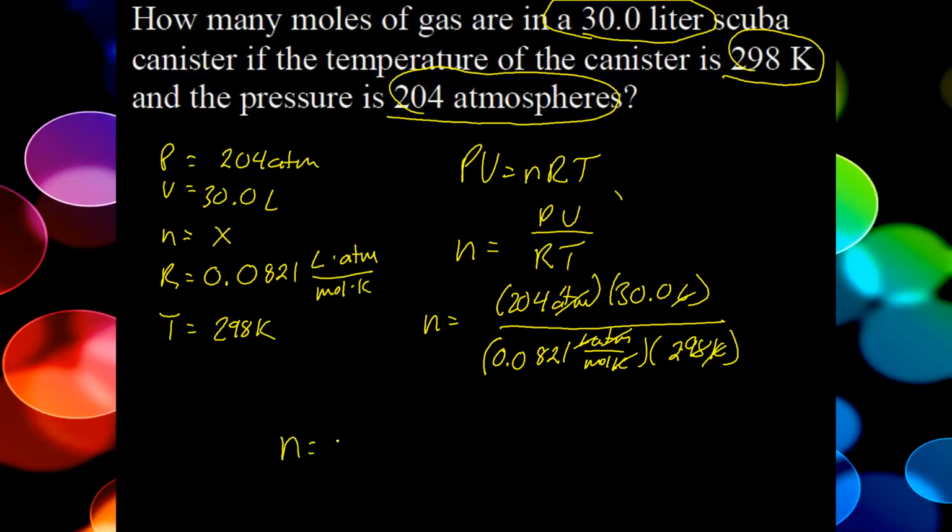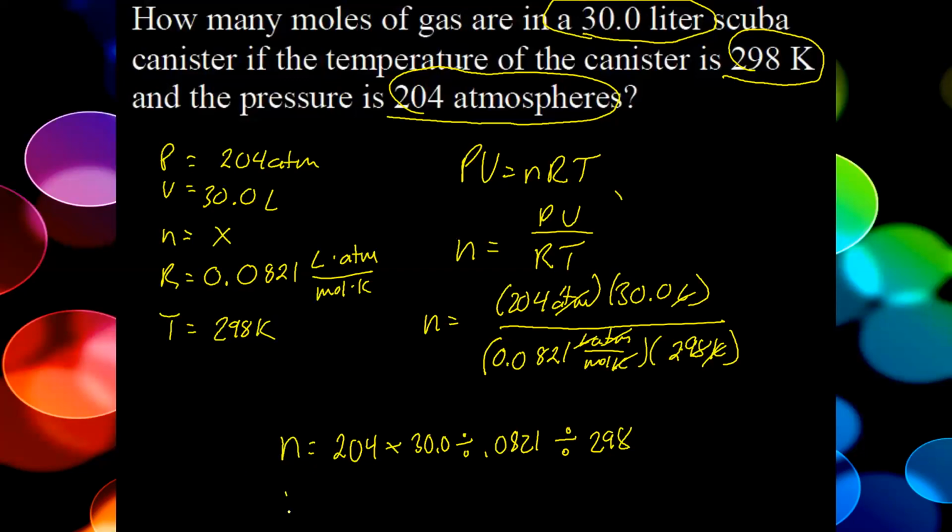I type in 204 times 30.0 divided by 0.0821 divided by 298. Since both numbers, 0.0821 and 298, are in the denominator, you want to divide by both. So if you're putting it into your calculator all at once, be sure you hit two divide signs. A divide by and a divide by.